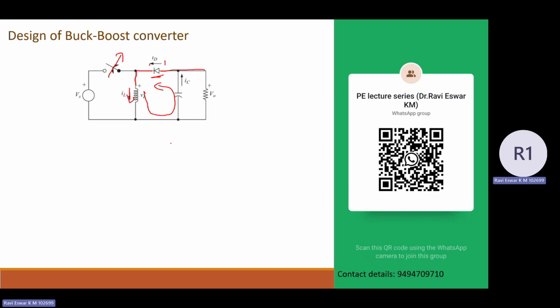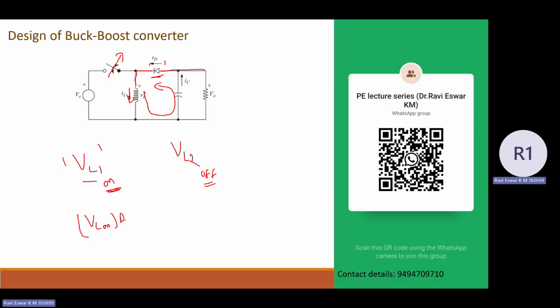Now again, you apply a KVL in mode 2 and try to get the VL2. VL1 during mode 1, that is VL on, when the switch is turned on, what is the voltage across the inductor? VL2 during mode 2, that is when the switch is turned off, what is the voltage across the inductor? Apply average voltage across inductor over a cycle equal to 0, that is VL on into dT.